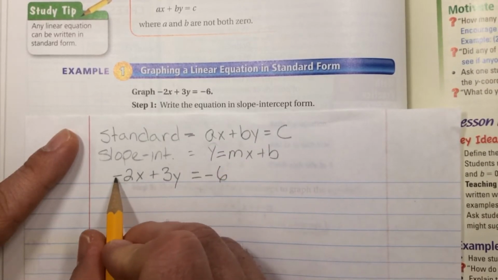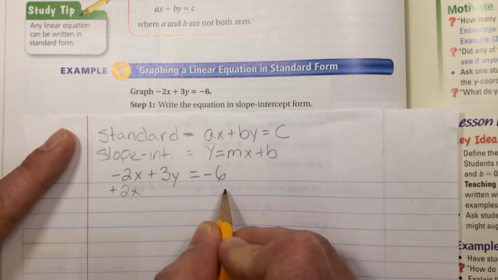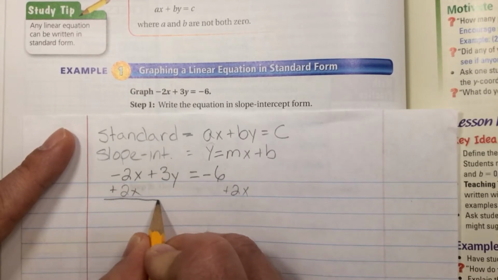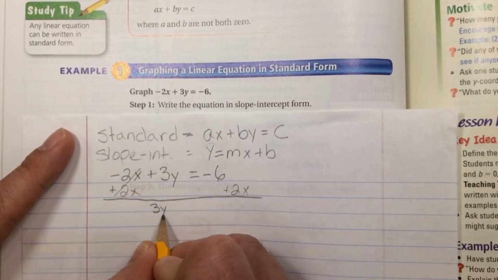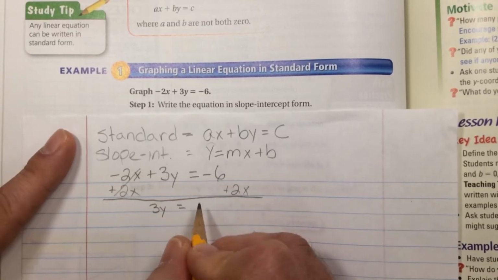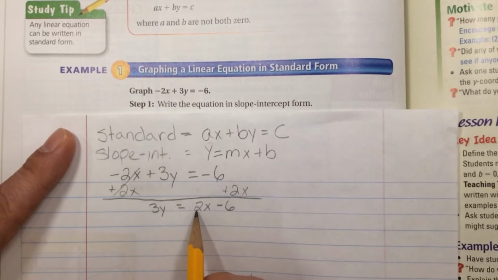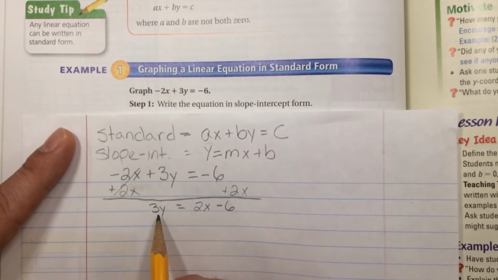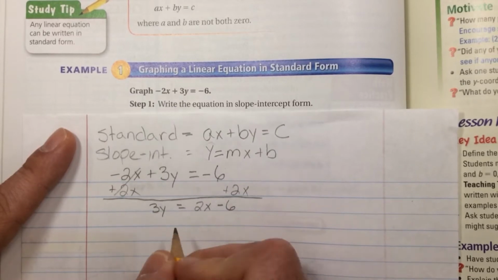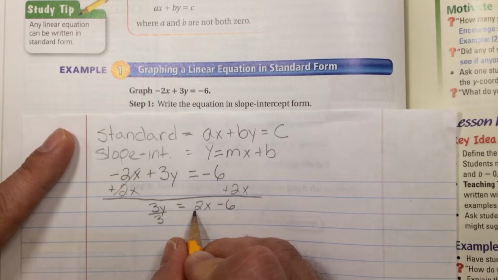The first thing we're going to do is add 2x to both sides. That makes this side 3y equals, and remember the x term comes first, 2x minus 6. That is starting to look a lot like our slope-intercept form, but we're not done because y is not by itself yet. So we divide by 3 on both sides.